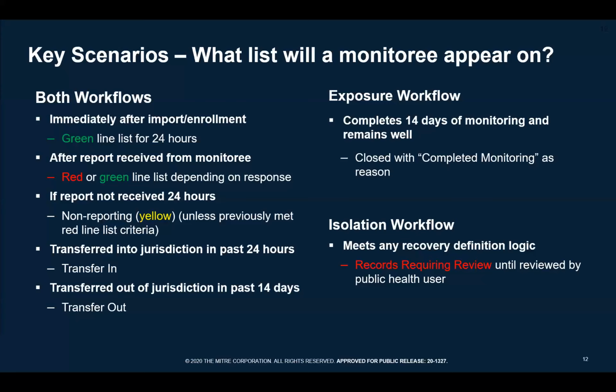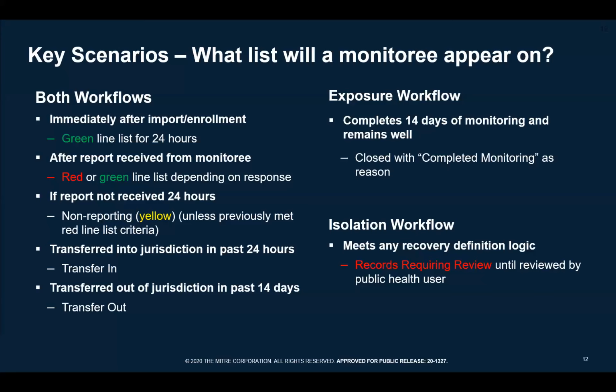Then they'll automatically be moved to the closed line list with completed monitoring as the reason for that closure. However, if they reach the end of their monitoring period and they are symptomatic or non-reporting, they'll actually stay on those line lists indefinitely.